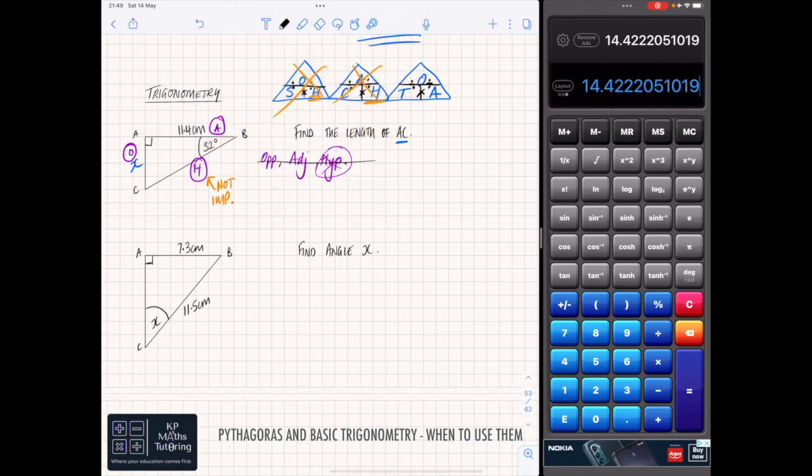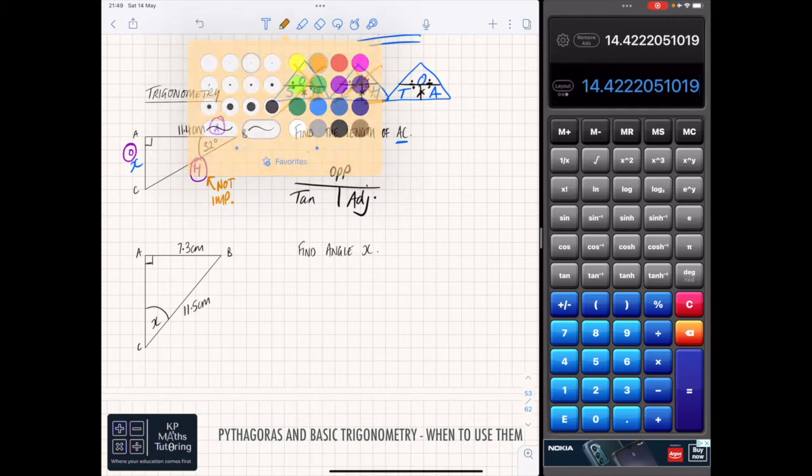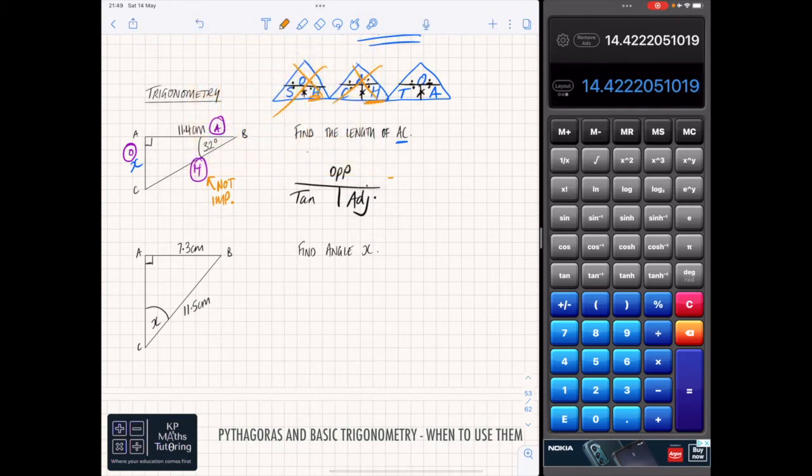So what you do is you take that formula triangle and you write it out. Tan goes in the bottom left, opposite goes at the top, adjacent goes in the bottom right, and from here what you're working out is the missing values.